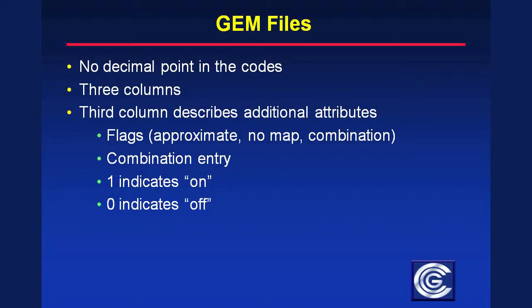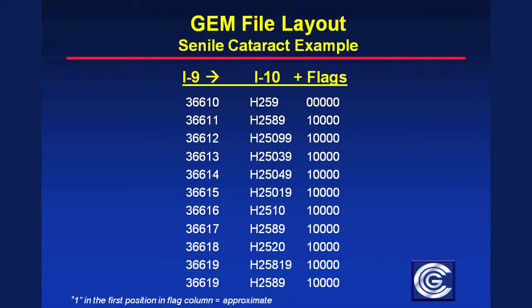If there is a flag, it's telling you that the codes are approximate, or there is no map, or it's better represented with a combination code. If there is a 1 in the flag column, pay attention, as there could be other attributes to the code mapping. For this case, since we know the ICD-9 code is 366.16, we use the GEM file for converting ICD-9 codes to ICD-10.